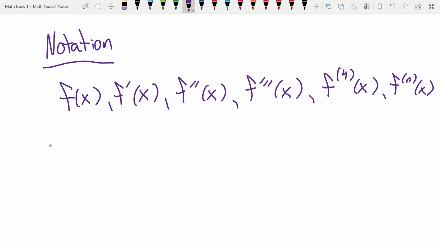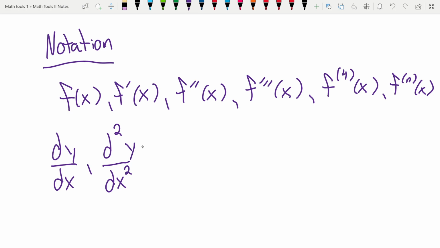Using the Leibniz notation, you have your dy dx. The notation for the second derivative looks like this. Remember, the y here is saying what you're taking the derivative of, so it doesn't get the squared part, because sometimes the y is written down here, for example.